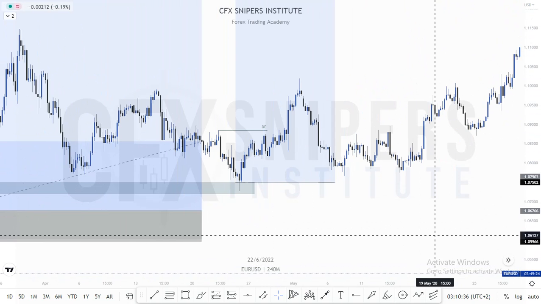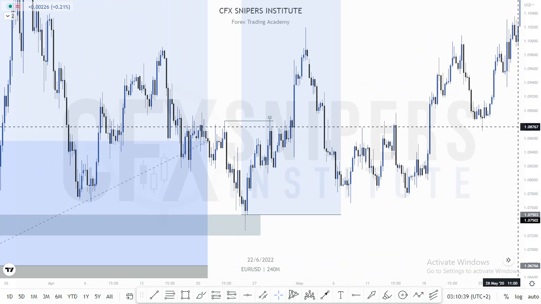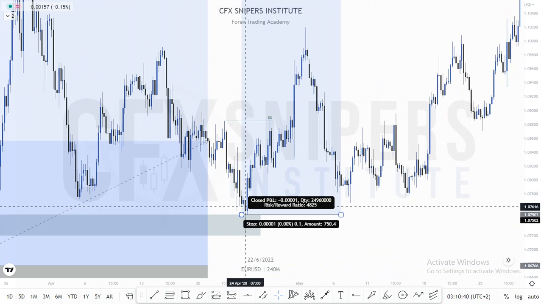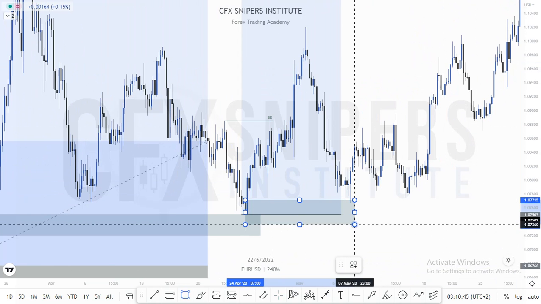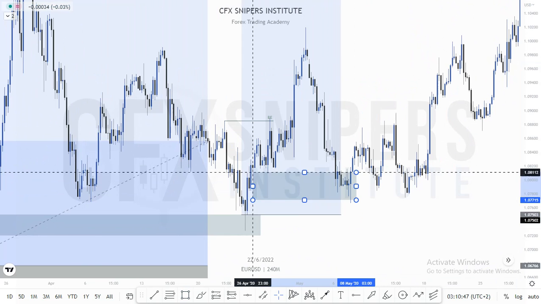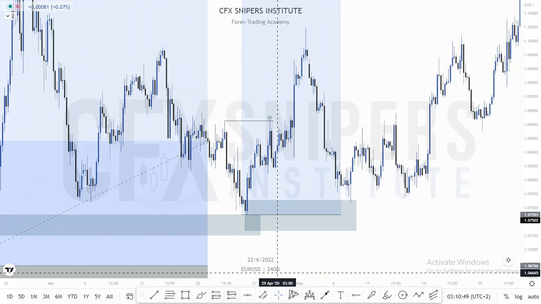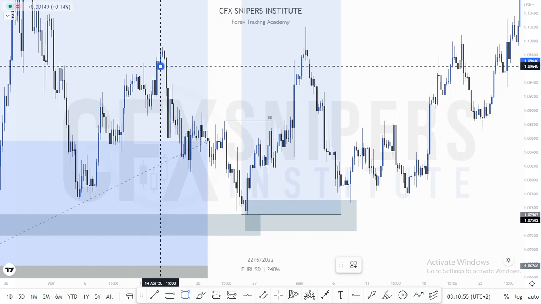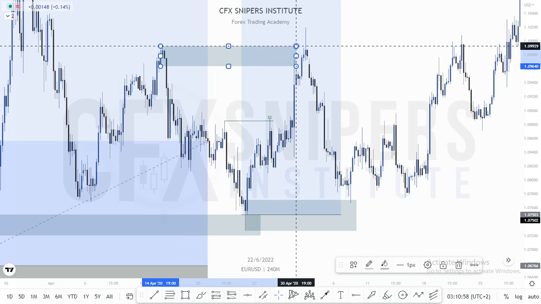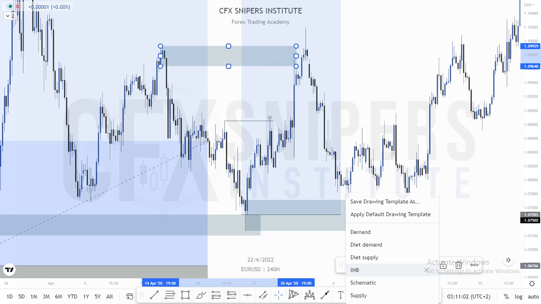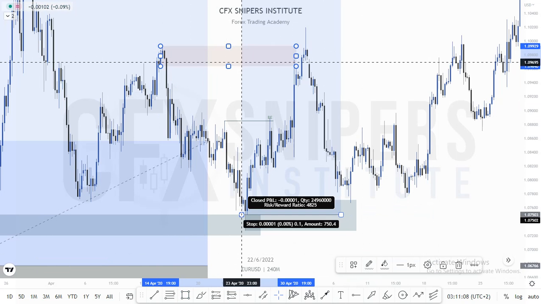Because while we were entering the trade, we also left another zone. We left another demand zone simply because we had a reaction from this zone here. We had a reaction, meaning there is a bit of supply in that zone, but it was broken.